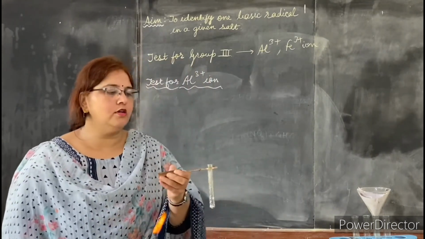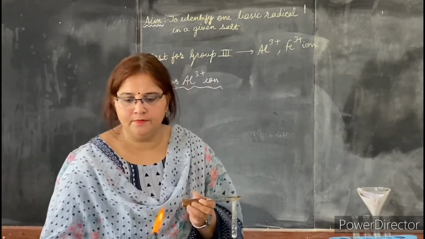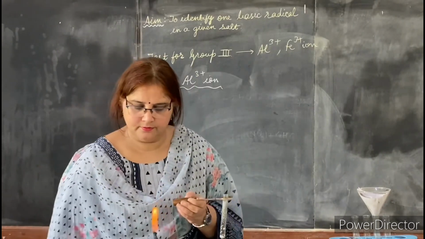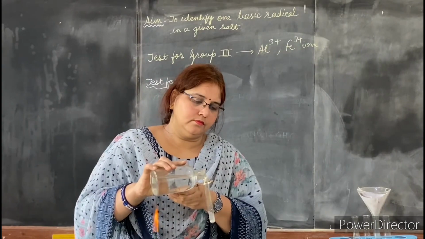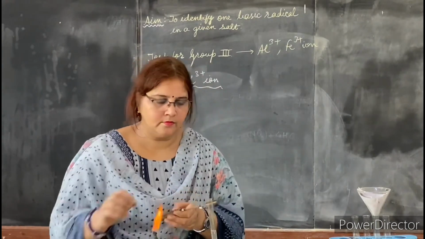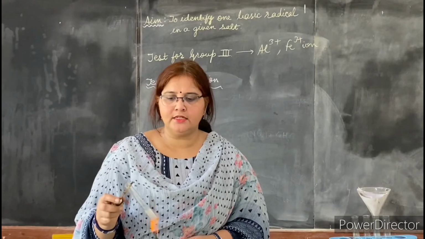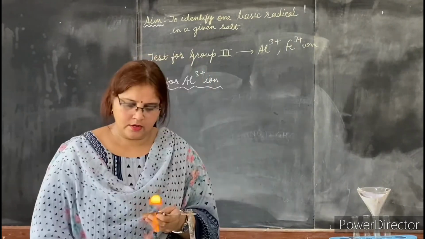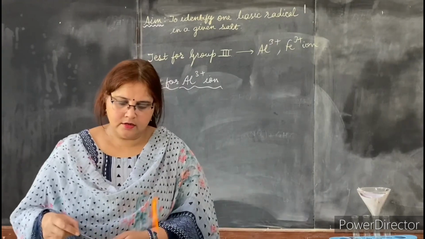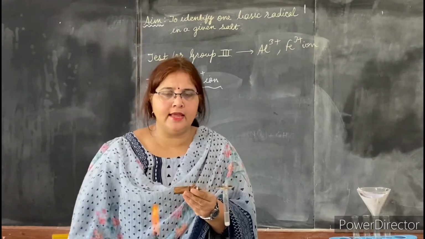Take the salt in the test tube and add dilute HCl to it. Make it a clear solution by heating it, then add ammonium chloride to it and dissolve it. Then add ammonium hydroxide in excess.